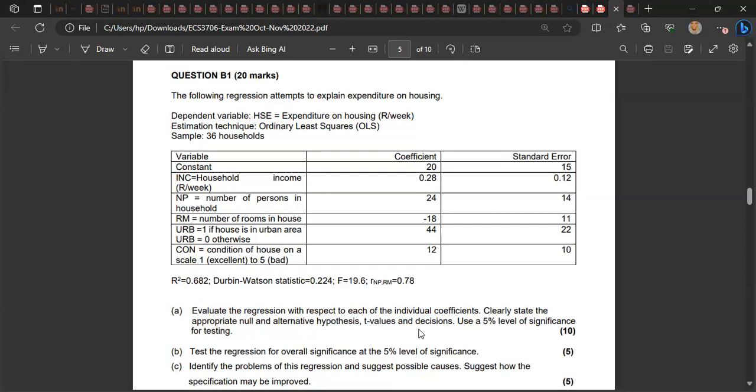So this is what we are going to be doing. And then test the regression for overall significance at a 5% level of significance. So this is the last part that we will be doing there. And then we'll take a look at the other one on the other question.